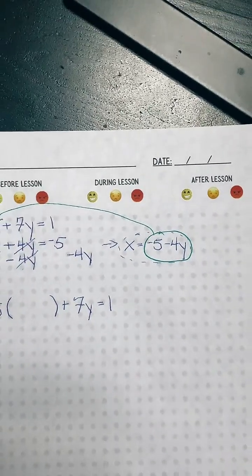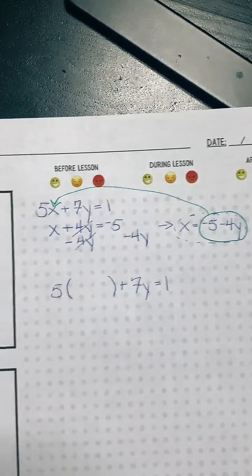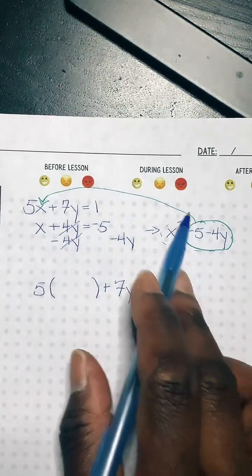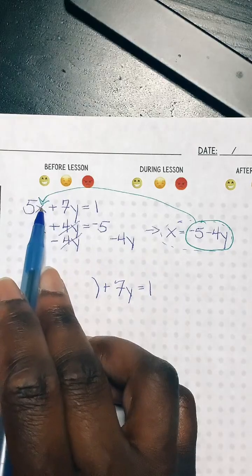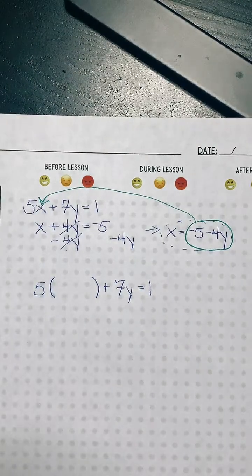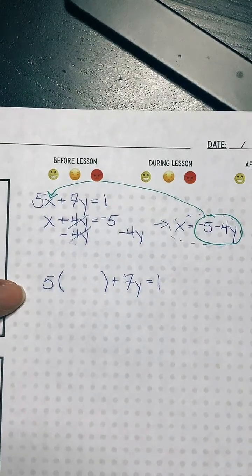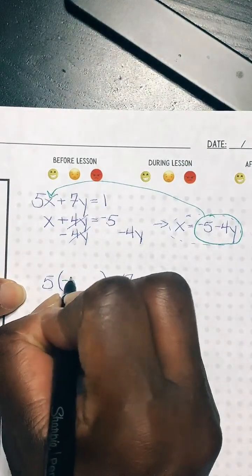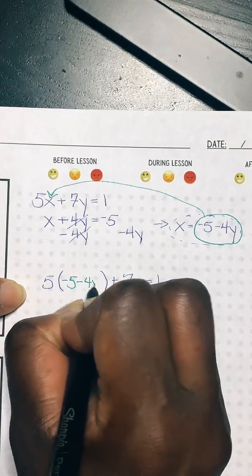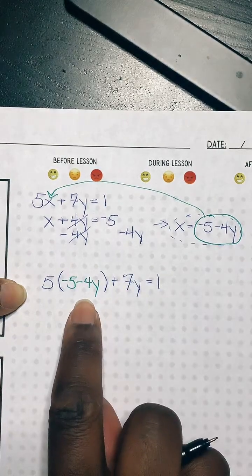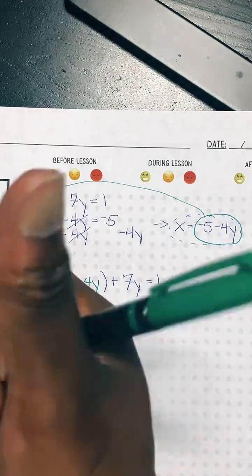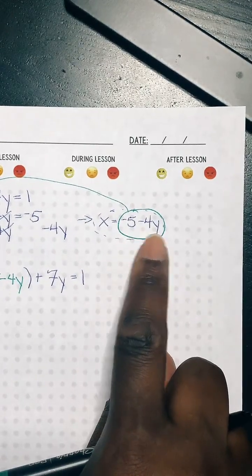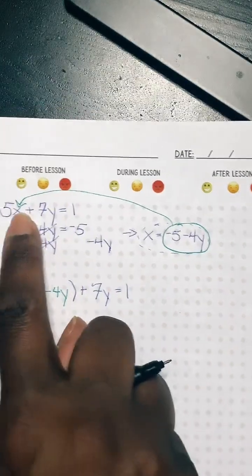So the -5 minus 4y goes inside for x. This x is gone, and this -5 minus 4y is in its place.